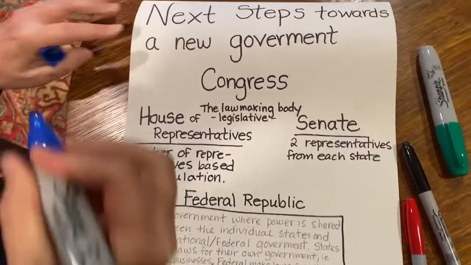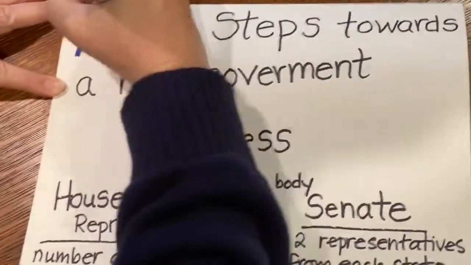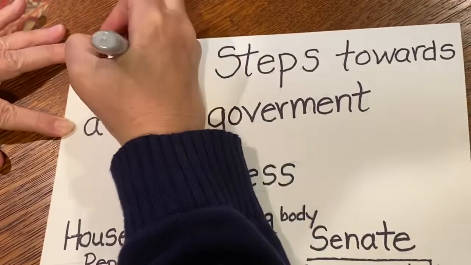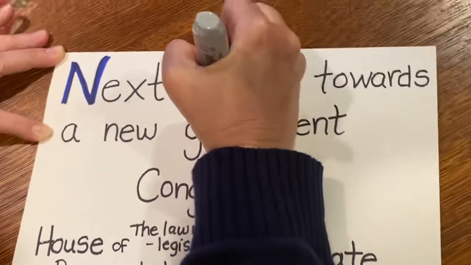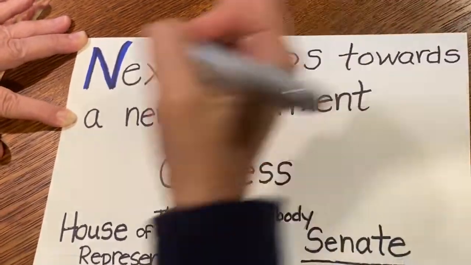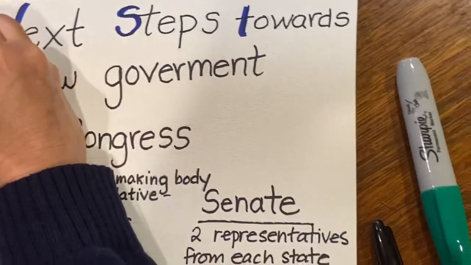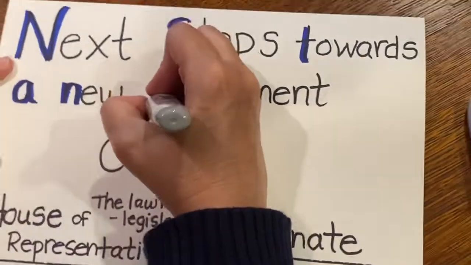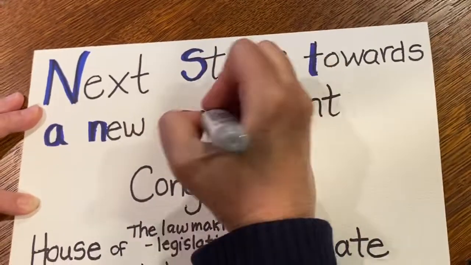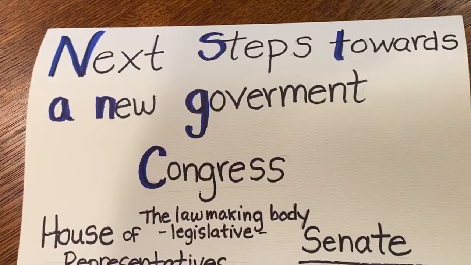So one thing I'm going to do just to make it look nice is add a little blue accent to my first letter of each word. Just makes it stand out from far away and look a little bit more finished.